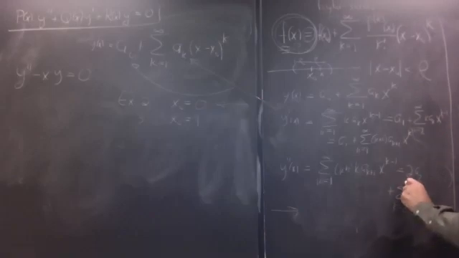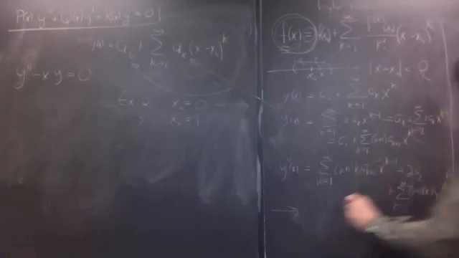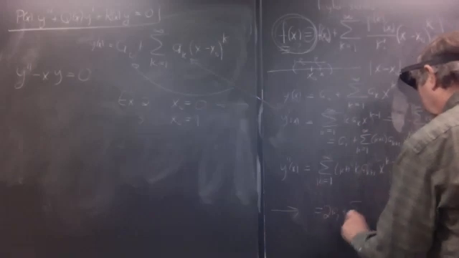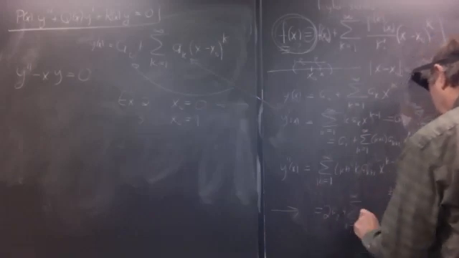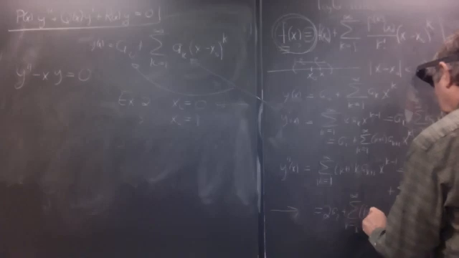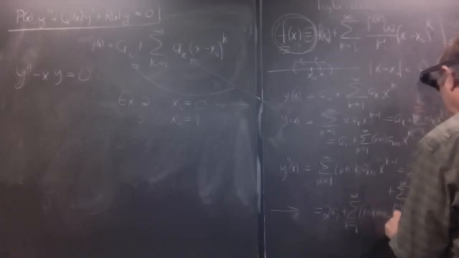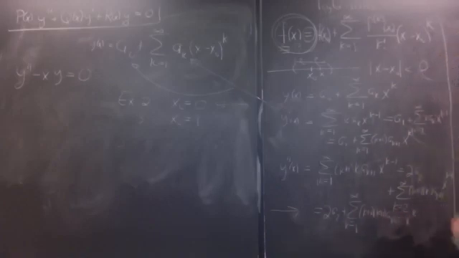So I have the sum from 2 to infinity, (k plus 1) k is copied, a sub (k plus 1) x to the k minus 1. Then if I shift that again, I'll have 2a_2 plus the sum from 1 to infinity, (k plus 2)(k plus 1) a sub (k plus 2) x to the k.